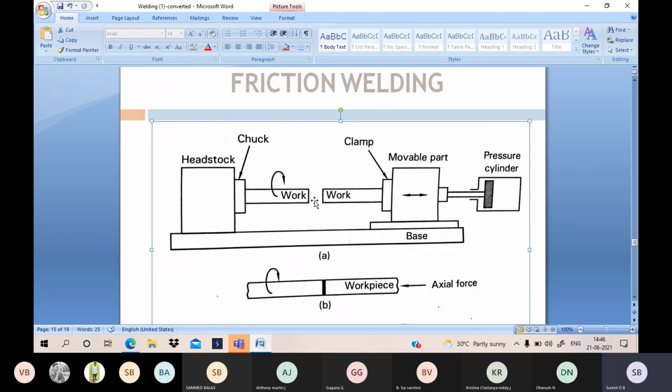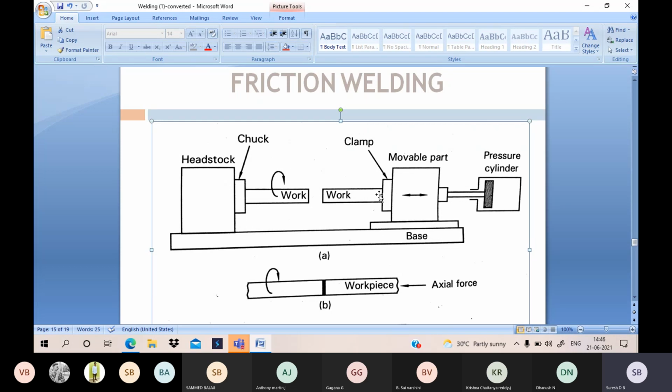Once both workpieces contact each other, due to this higher speed, a maximum amount of friction and maximum heat is generated. Because of the smaller diameter, the material is converted from solid to liquid. That is the main reason. For a smaller diameter you select lower speed; for a higher or larger diameter, you select high speed.